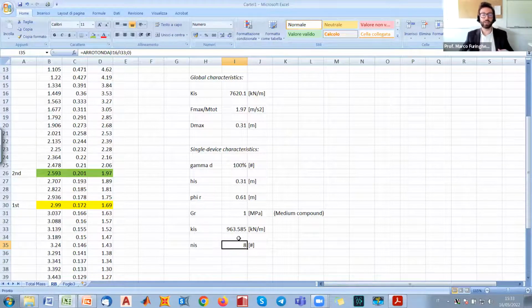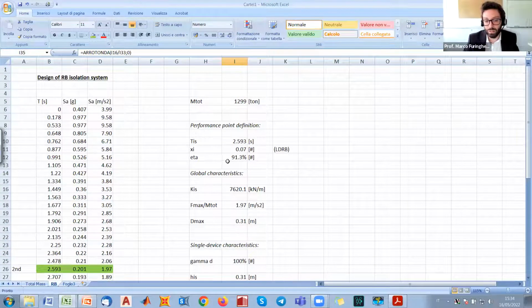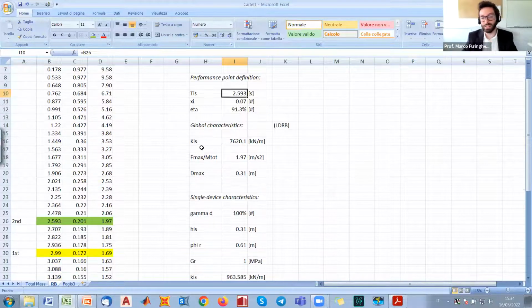So if we want to place more than 4 isolators, 5 isolators, like the first computation that we did, you need to increase the number. If you increase the number of isolation devices, you are automatically increasing the equivalent stiffness of the whole system. So if you want to increase the stiffness, you have to lower the value of period. Okay, that is a strategy.